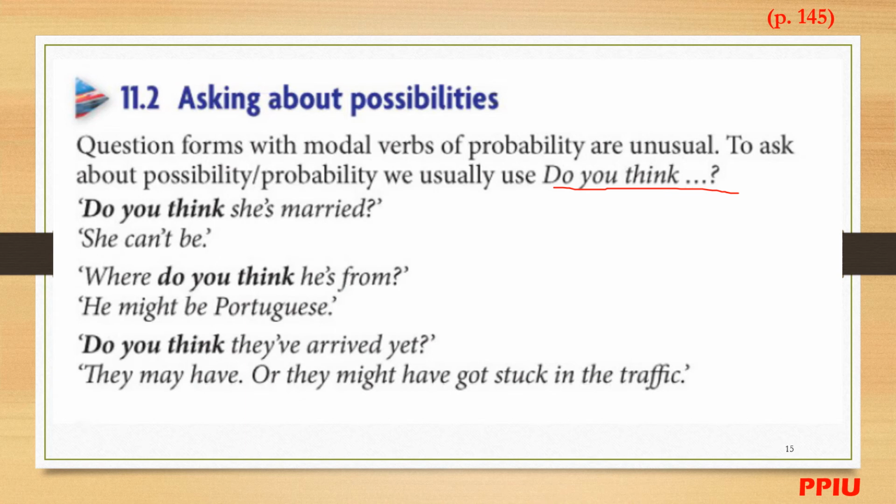Do you think she is married? Where do you think he's from? He might be Portuguese. Do you think they've arrived yet? They may have, or they might have got stuck in the traffic. You got it. So when we form a question, modal verbs of probability are unusual to ask.